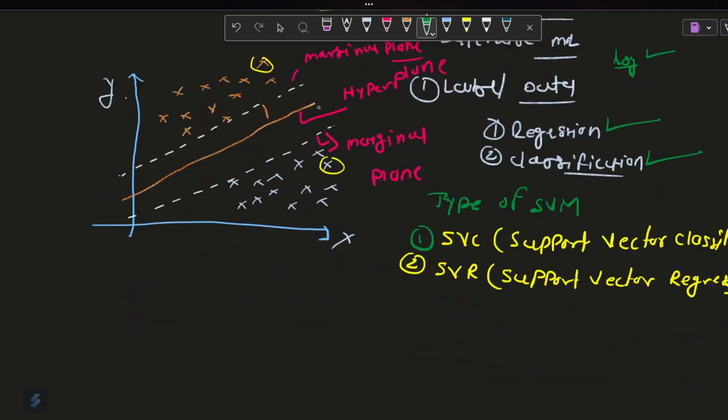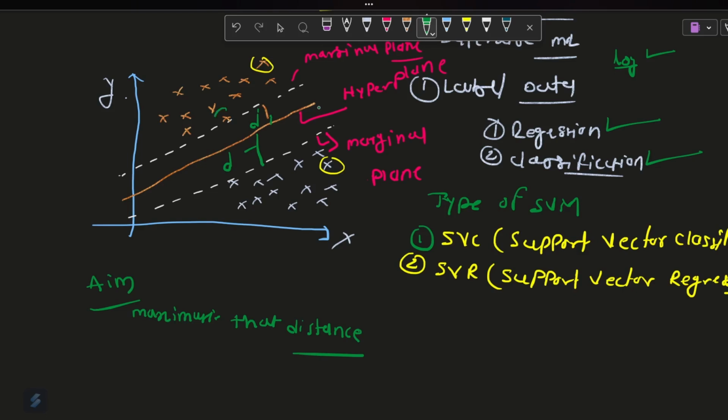What is the aim in support vector machine? Understand it with the diagram, as this graph helps with understanding. The distance that we have is d and d dash. The aim in support vector machine is to maximize that distance.